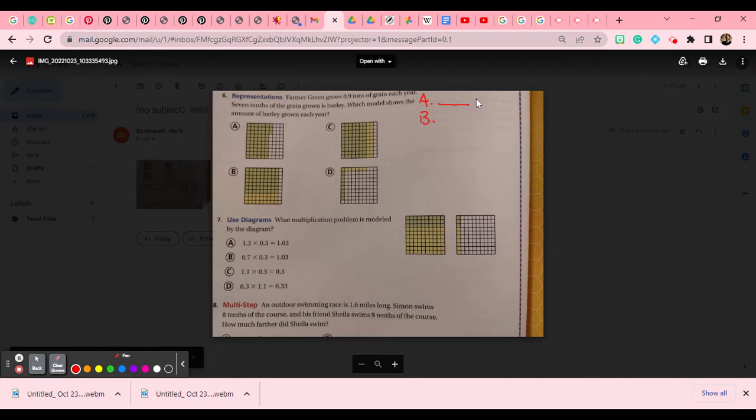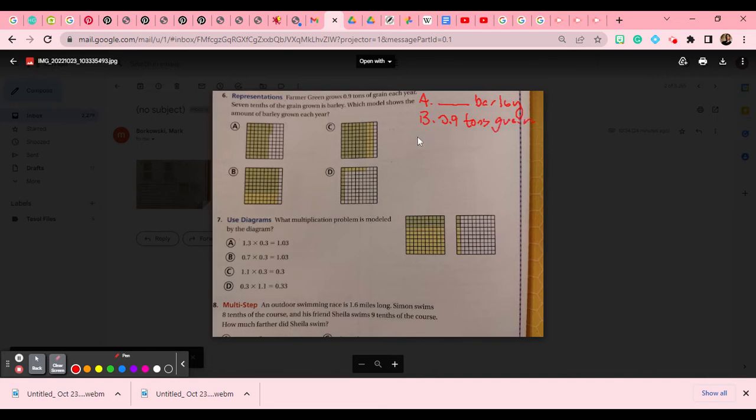So our answer should be amount of barley. I'm just going to put barley, like the total amount. We know also that Farmer Green grows 9/10 tons of grain. So let's put a 0.9, tons of grain. That's how much is grown each year.